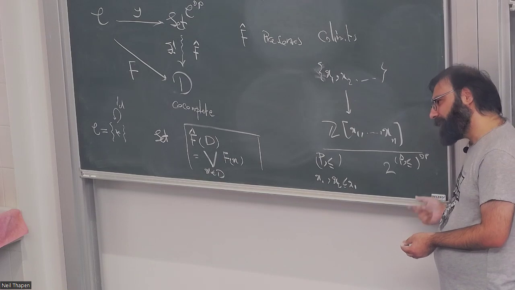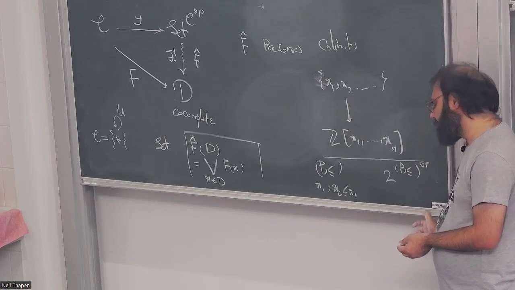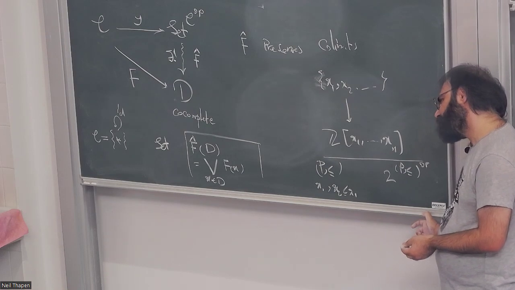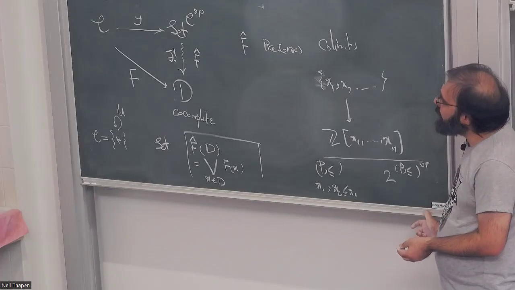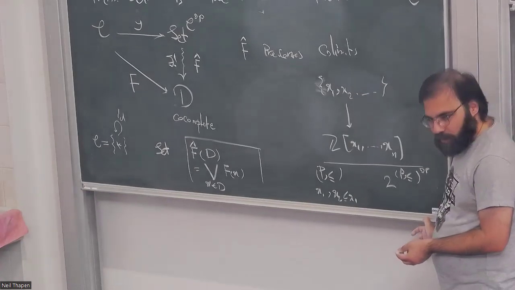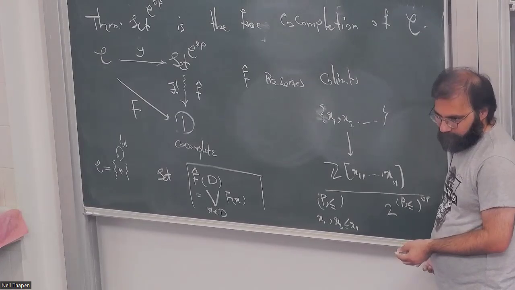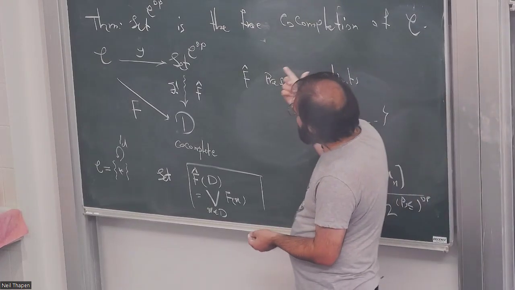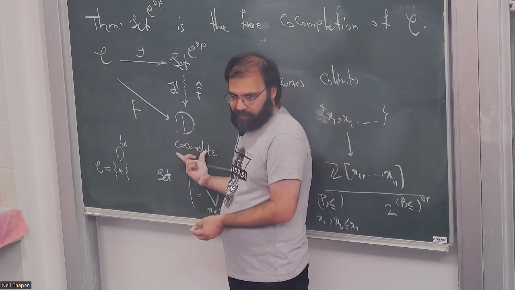There is a subtle difference. So the thing is that, how to explain? Being free co-complete is a relative thing, right? Meaning that it depends on what you pick as families here.